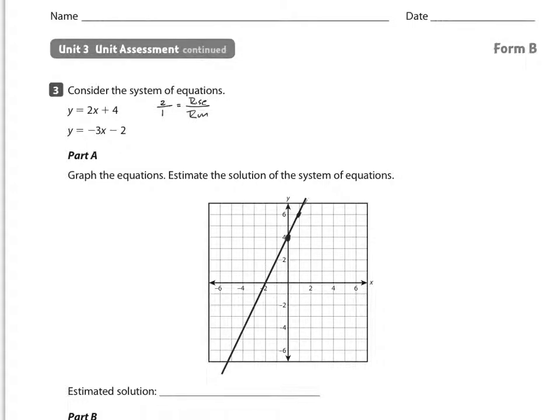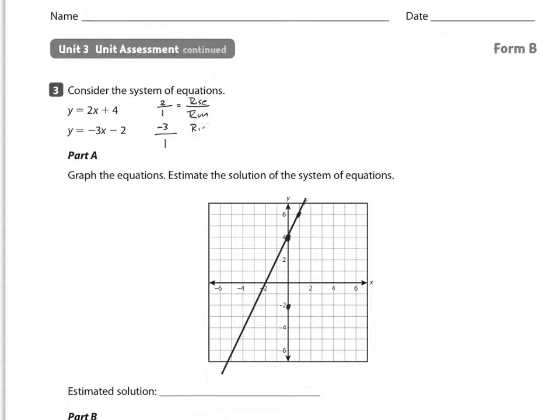Now we're going to go to the next line, and we're going to start at -2. So our first point is going to be at -2. And now your slope is -3. So instead of going up, you're going to be going down. So it's going to be -3 divided by 1.